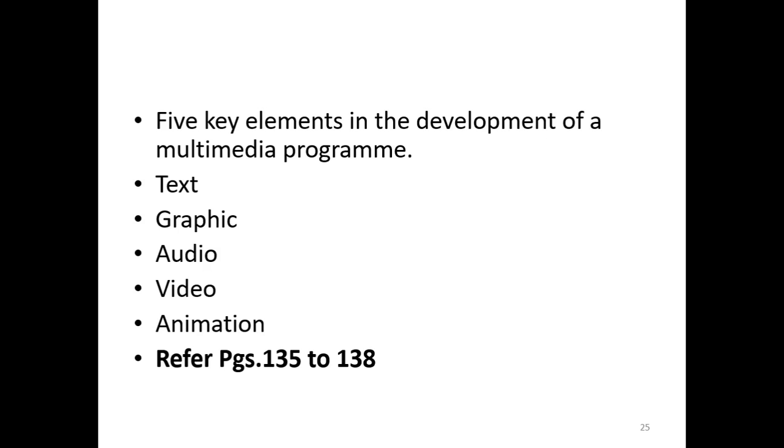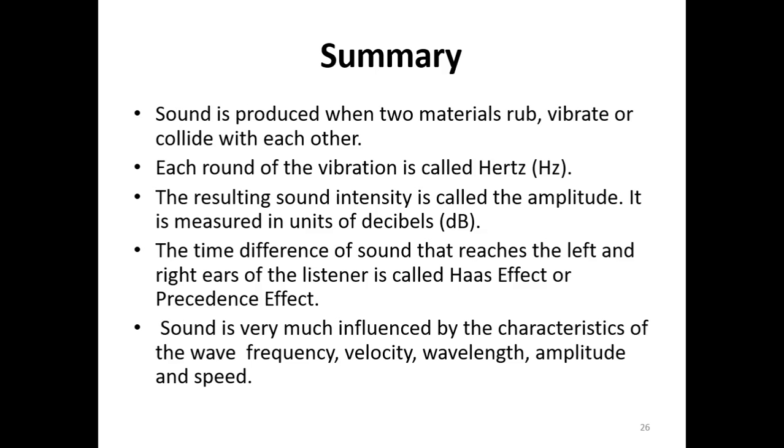When we talk of multimedia programs, these are the 5 key elements: the text, the writing; the graphics, the pictures; then the audio, what you hear; video; and also the animation, how everything is made exciting through animation. Just read pages 135 to 138.